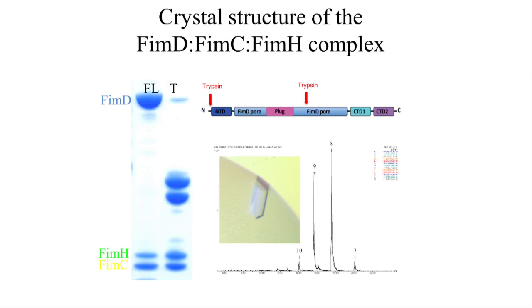So we did that, we expressed those 3 proteins, we purified them in detergents, and we get a ternary complex. That means those 3 proteins are able to assemble. You have the usher here, here the subunit, here is the chaperone.